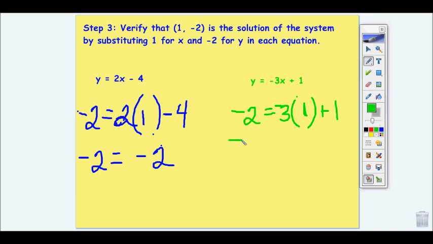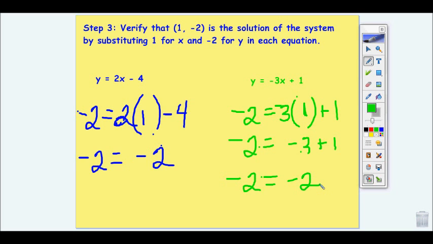Negative 3 plus 1 is negative 2. So I have negative 2 equals negative 2. That is also a true statement. That's what it means to have a solution to a system.